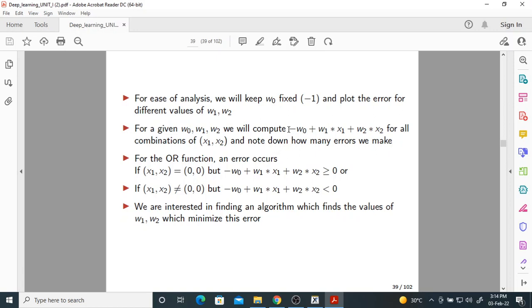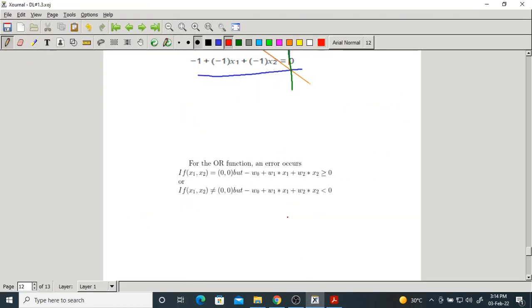Now this is the equation we are looking for. Now when do we get errors? This is very, very important. In our function, when do we get errors? Suppose both inputs are 0, output should be 0. So if output is 1, we get errors.